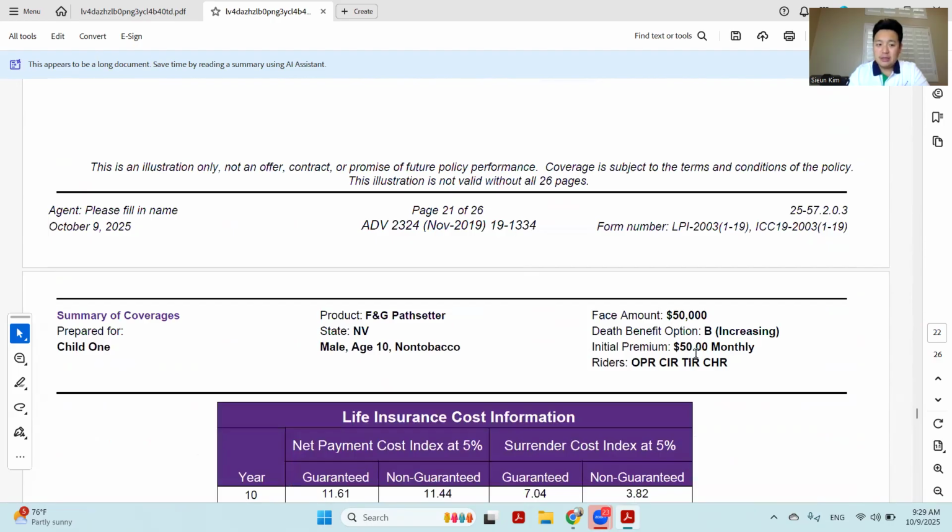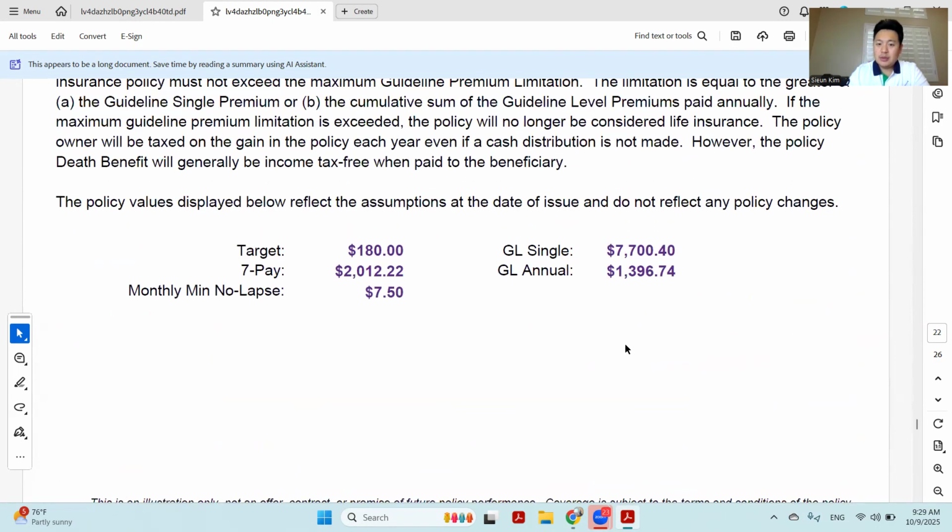Even if it's the same $50 a month the client pays, the $50,000 death benefit one that you pay $50 for, target premium is only $180 a year. So you know what that means? Your commission is going to be only based on $180. So you have to multiply the commission rate on this product. So let's just say it's 60, 70, 80%. So then that's the only commission you'll get. It's less than $100 for setting this up.